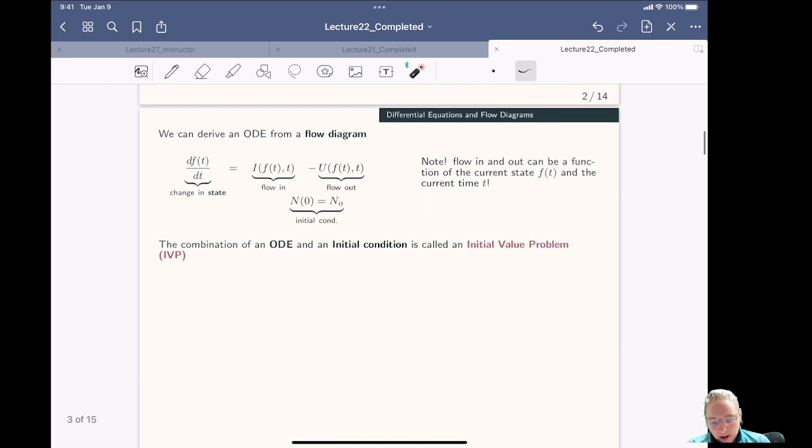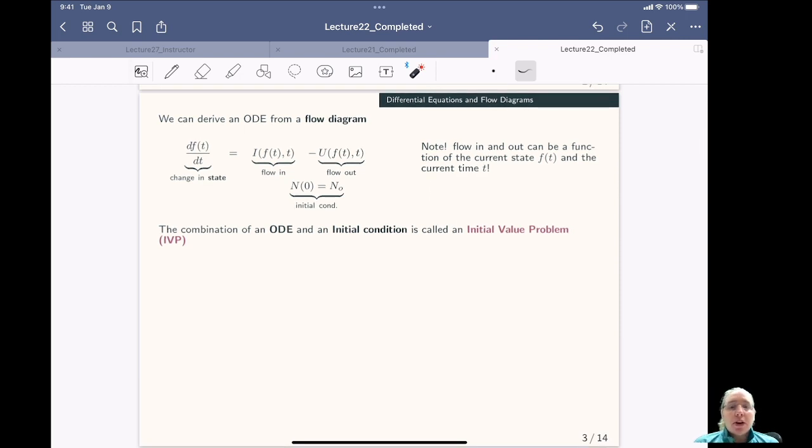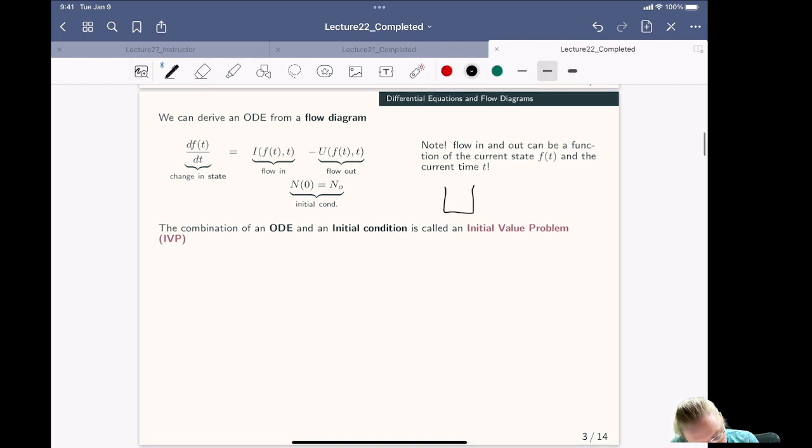All right, so let's talk a little bit more about ordinary differential equations. An ordinary differential equation is described by this flow diagram where we have the change in state F. This is the amount of water in our bucket. We have our bucket over here and a bunch of water in this bucket. Then we have the flow into the bucket, which is our I quantity here, and we have the flow out of the bucket.